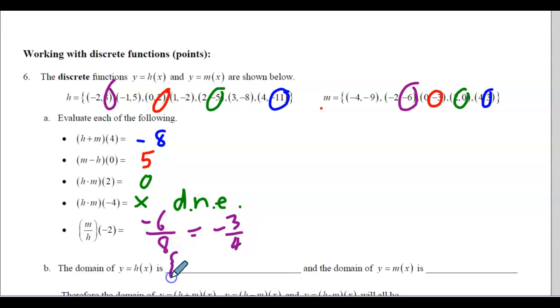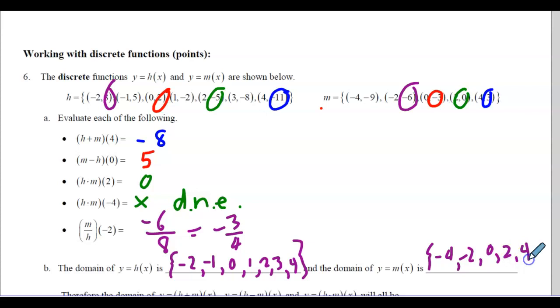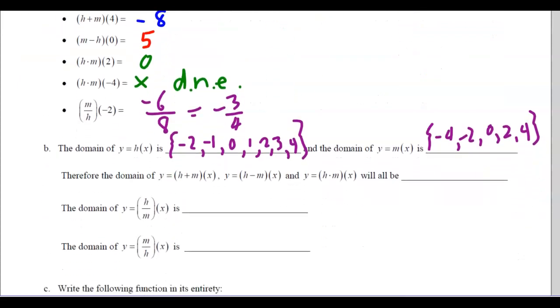What's the domain of H of x? So you just list them out: negative 2, negative 1, 0, 1, 2, 3, 4. And the domain of M is negative 4, negative 2, 0, 2, 4.